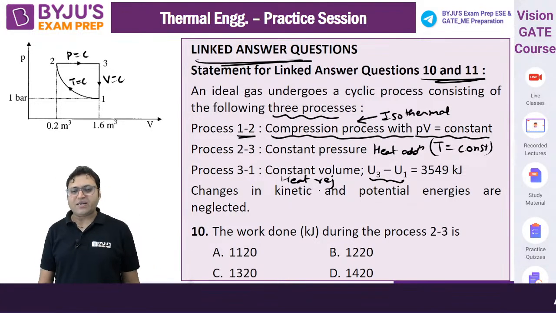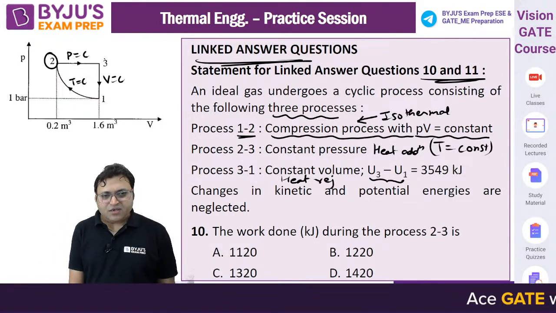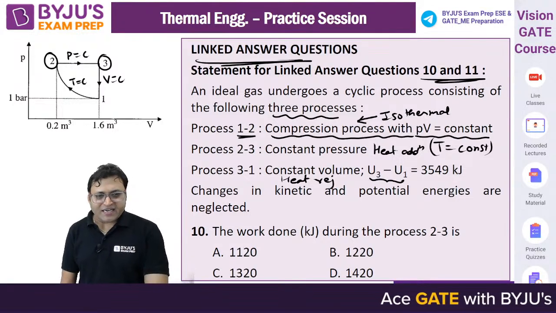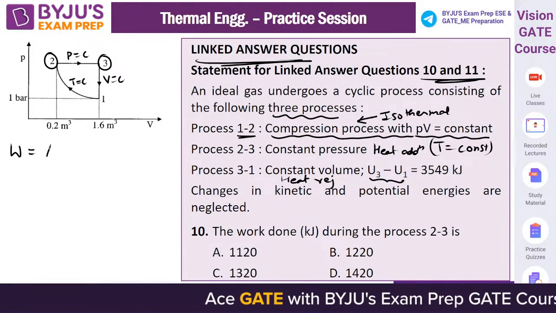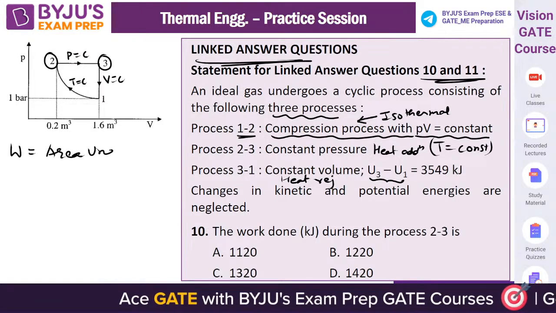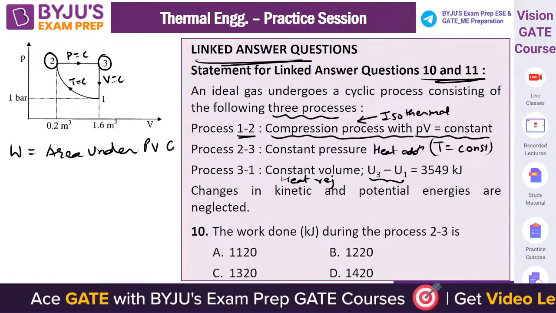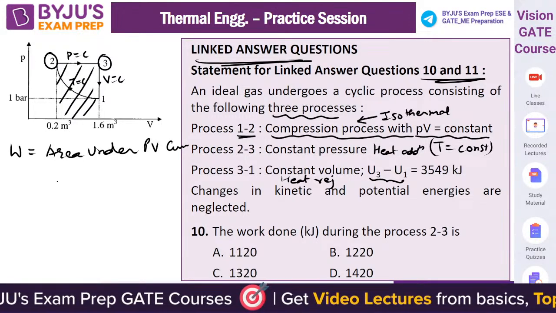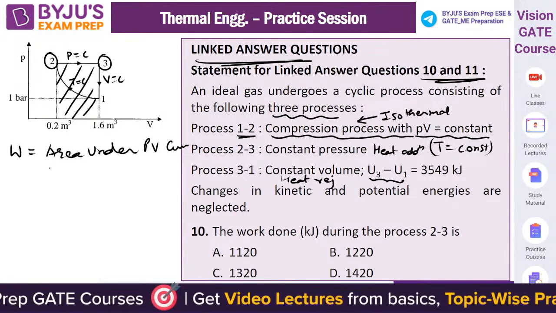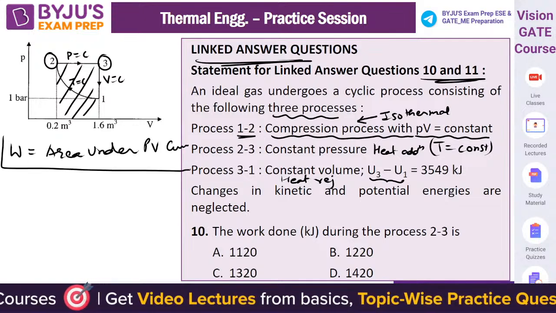The work done during the process 2 to 3 is, what will be the work done? Work done by a process is area under PV curve. So this will be the work done. Area under PV curve projected on volume axis, that will be the work done.